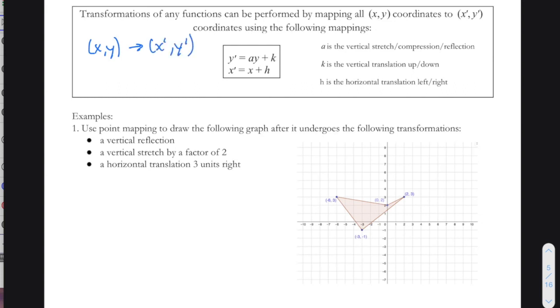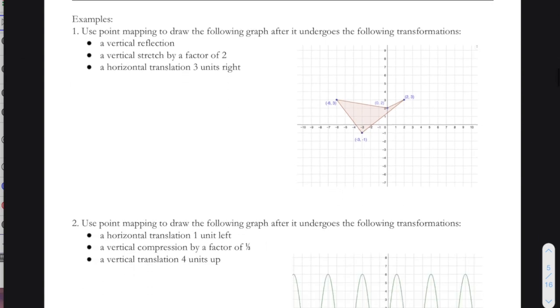And the way we have to remember to do that is we apply a to our y values, our vertical values, first, and then we add k to them. And for our horizontal values, we take our x values and we apply h to them by adding to those values. All right, so let's do a quick example.